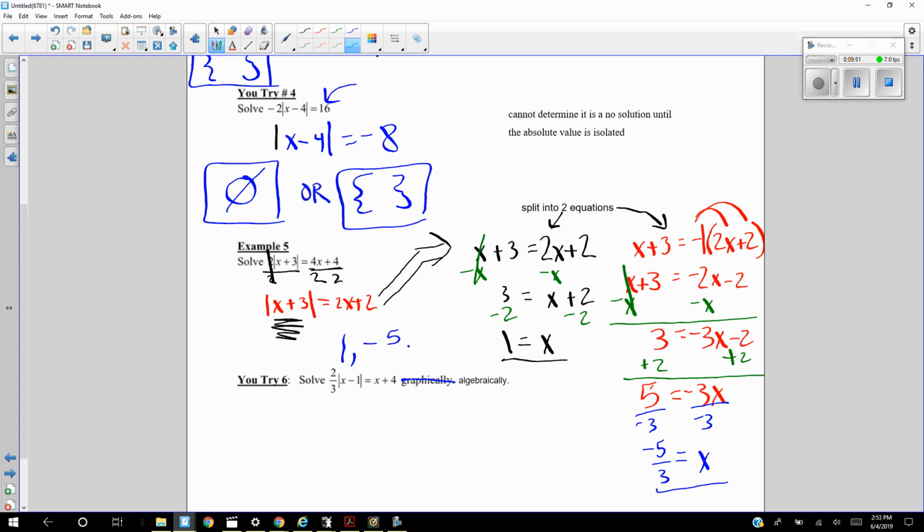So my solutions are 1 and negative 5/3, and it does not matter what order you write those numbers in.